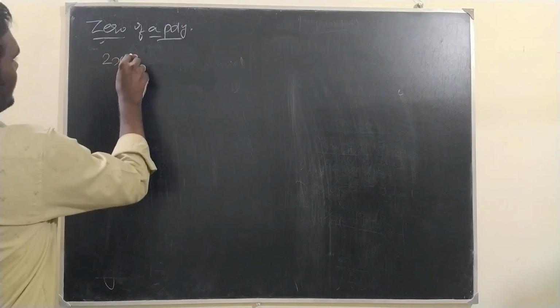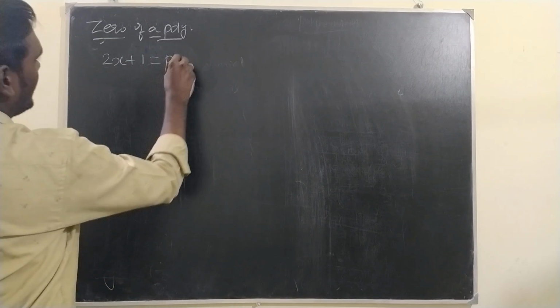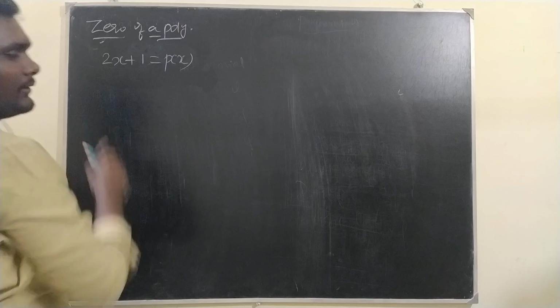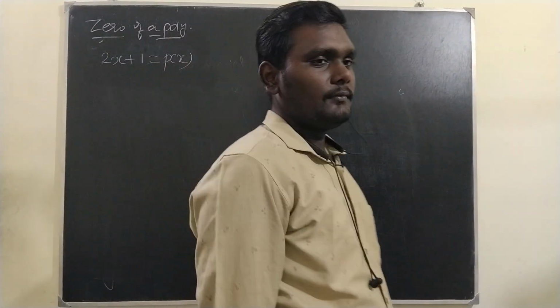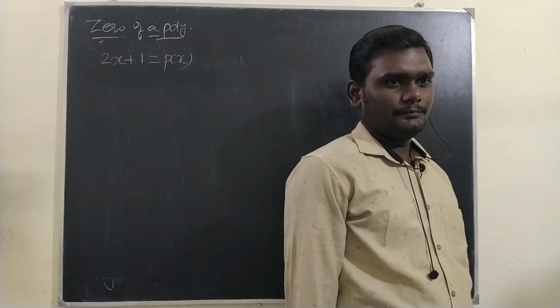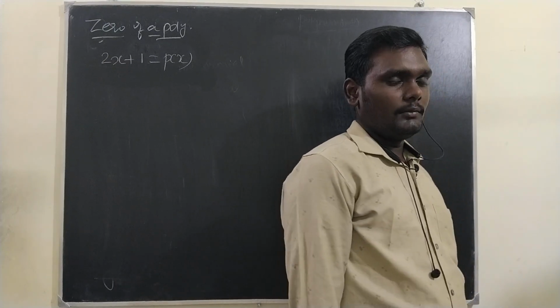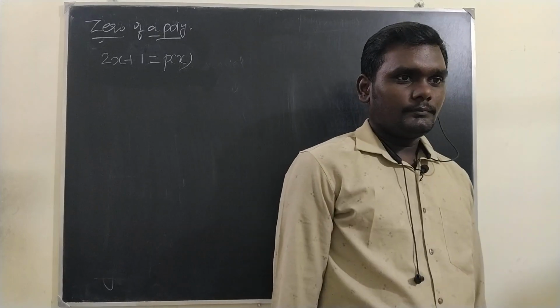For example, 2x plus 1 is a polynomial. We will denote it by p of x. x is a variable, meaning it varies. What value it will take? Don't know. But for a particular value, the whole thing becomes 0.